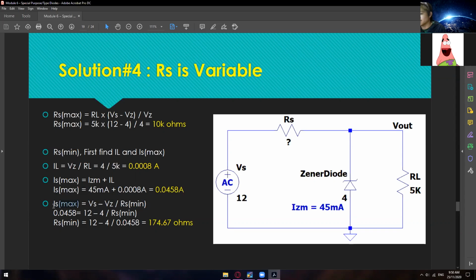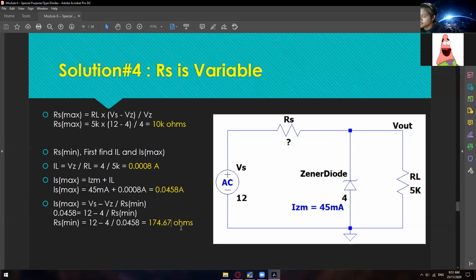So IS max is 0.0458, Vs is 12, and Vz is 4, divided by RS min. Simplifying further, you will get 12 minus 4 divided by 0.0458. So 8 divided by 0.0458 is equal to 174.67 ohms.